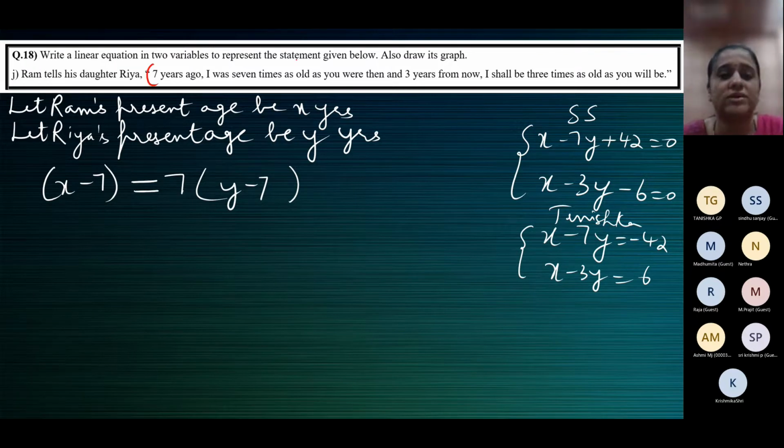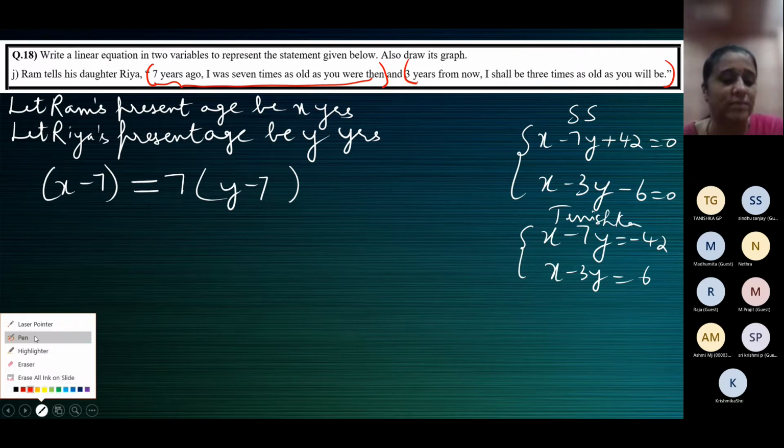So this is one piece of information, and this is the equation we have created. 7 years ago, not now, not the present. Ram's age would have been X minus 7 and Ria's age Y minus 7.